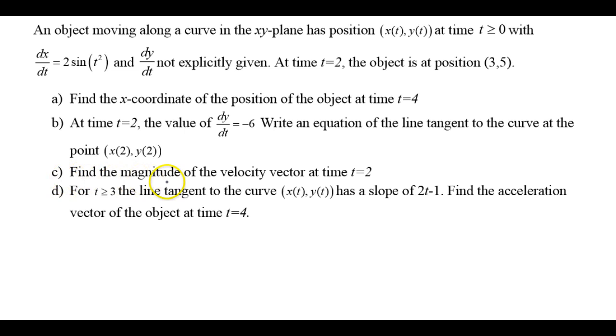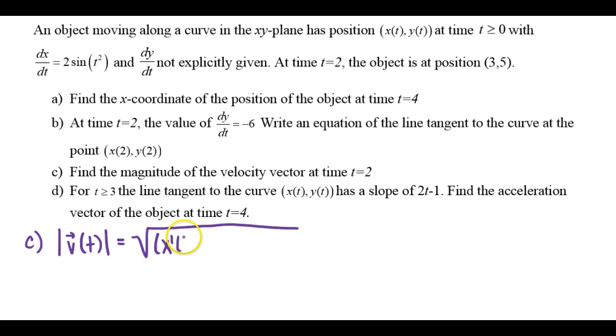For part C, find the magnitude of the velocity vector at time t equals 2. The magnitude of the velocity vector is putting absolute value bars around v of t. That would be the square root of x prime of t squared plus y prime of t squared, and I want this at t equals 2.